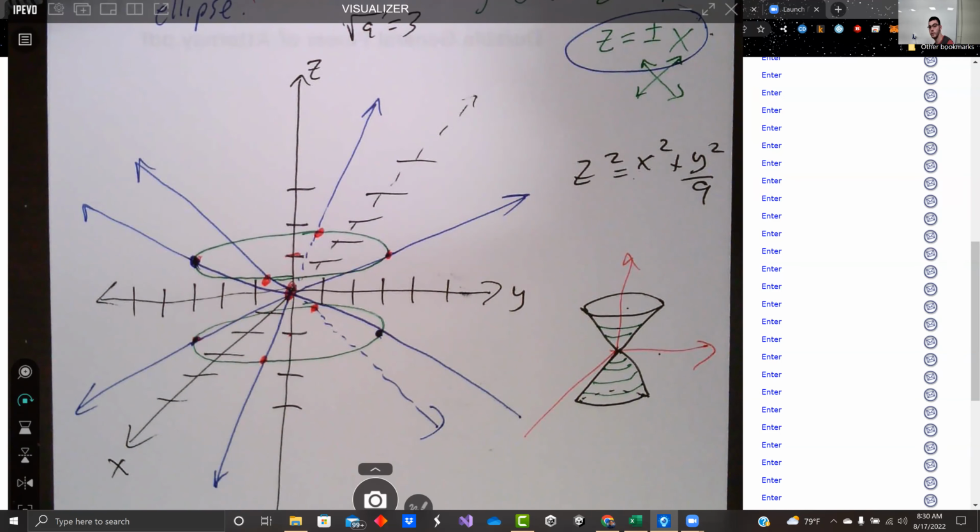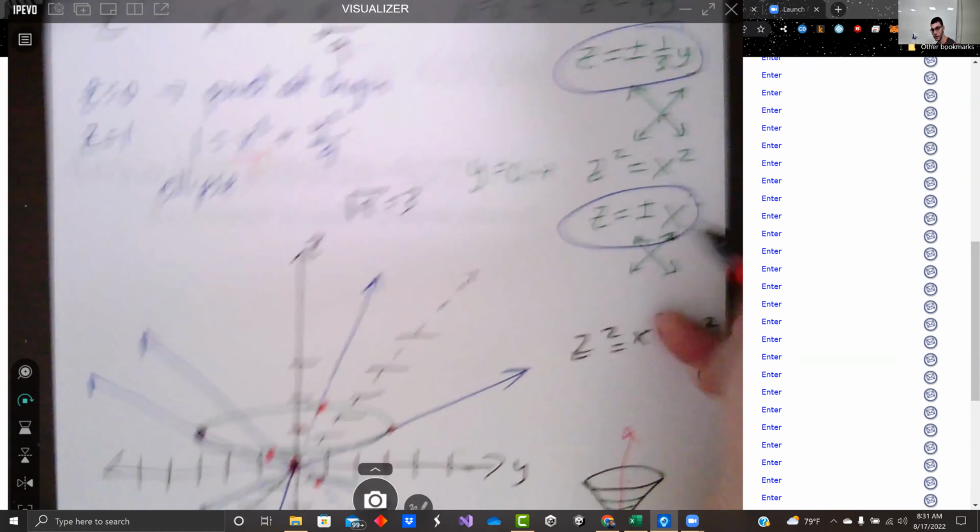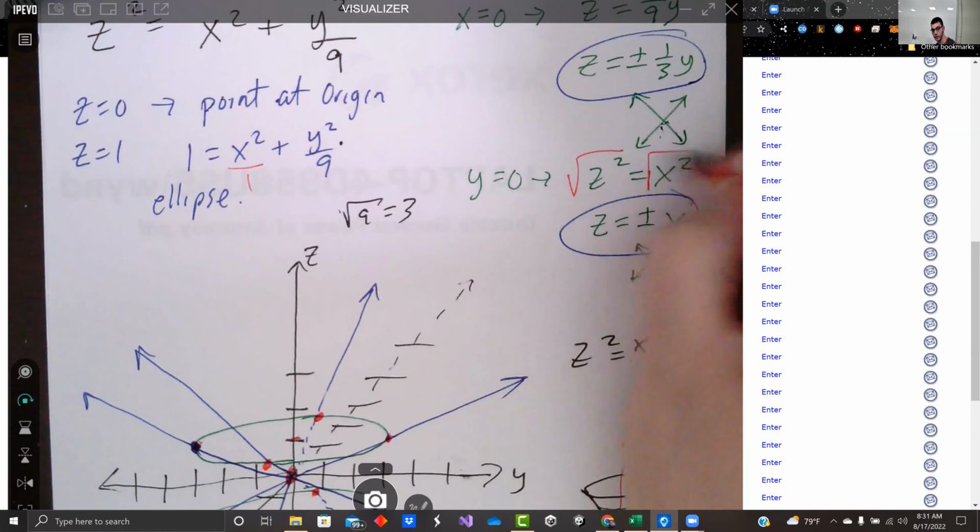Yes. I'm not sure how you came to the conclusion that Z equals plus or minus X is the cross. They're confused on how you got the plus or minus X. So you're talking about how square roots cause that? Oh no, not that. I understand where you got that.